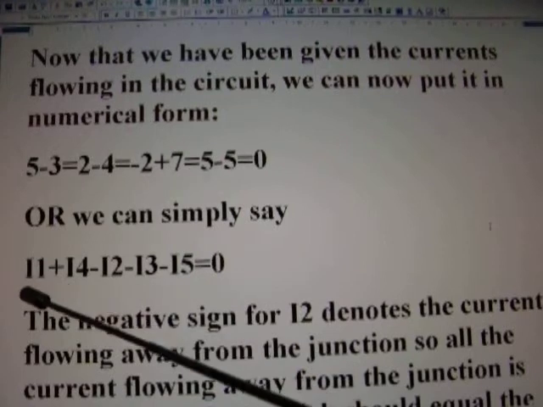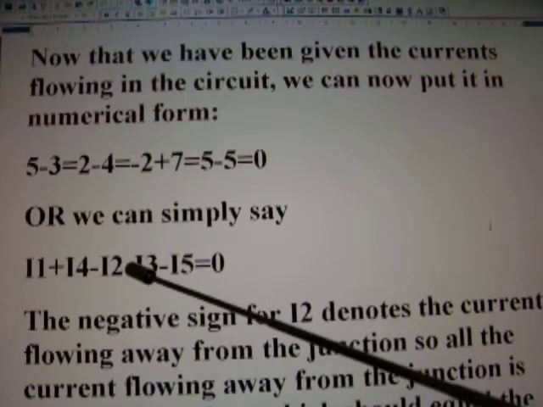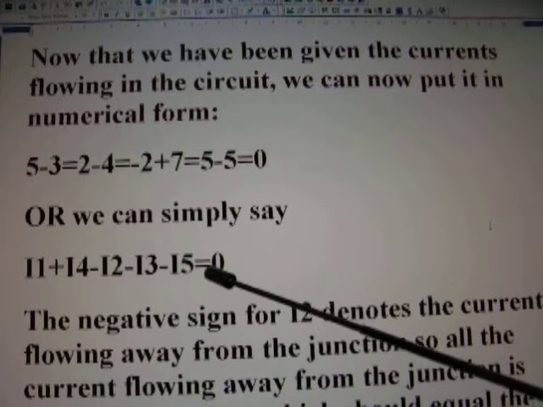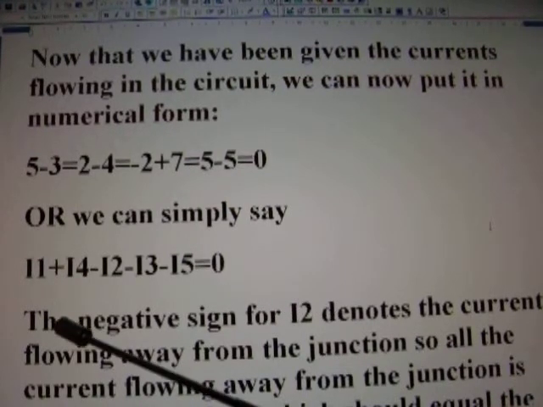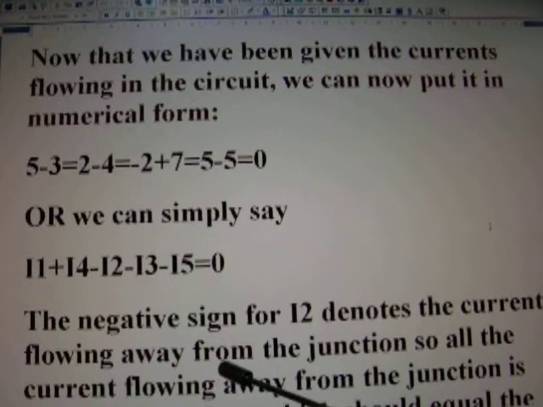Or we can simply say also I1 plus I4 minus I2 minus I3 minus I5 will also equal 0. The negative sign for I2 denotes the current flowing away from the junction.